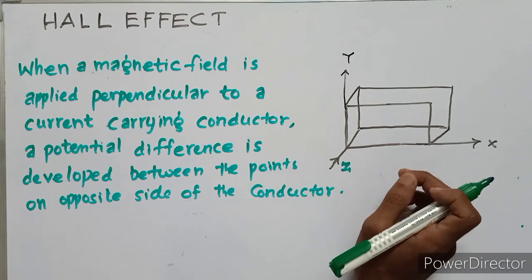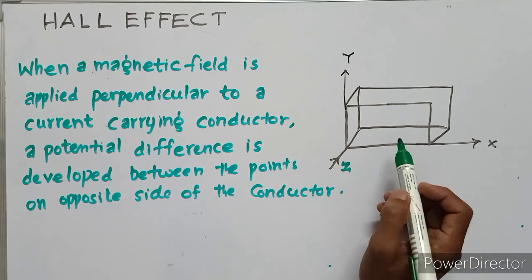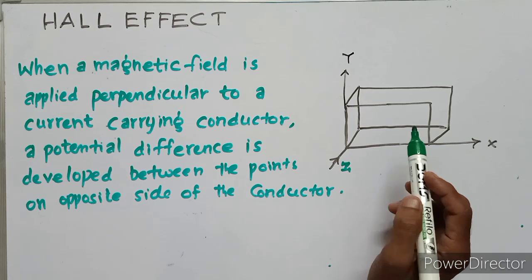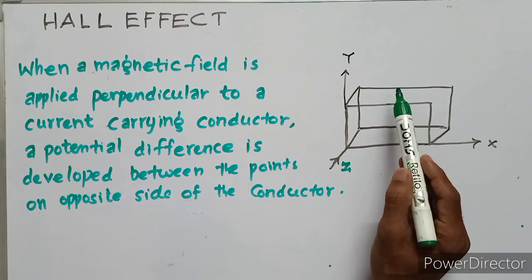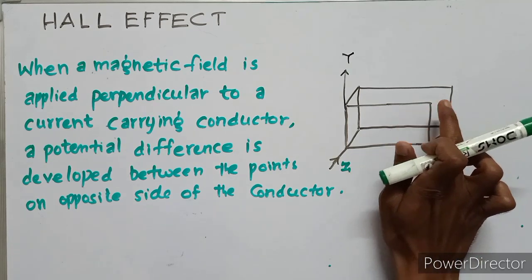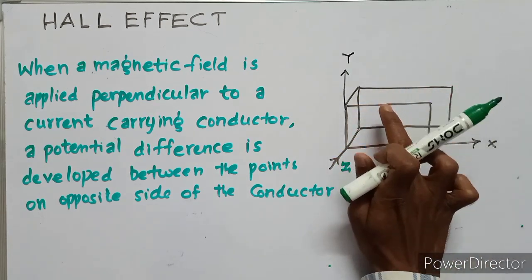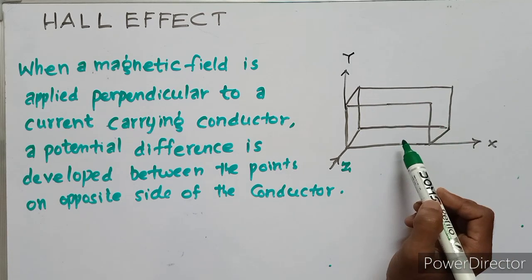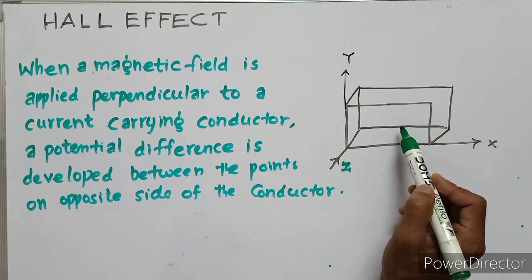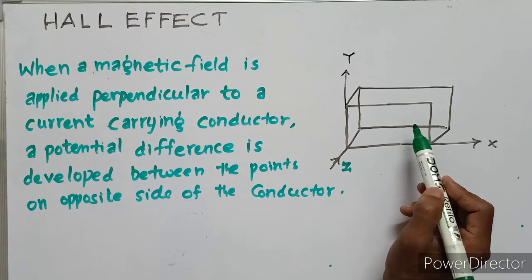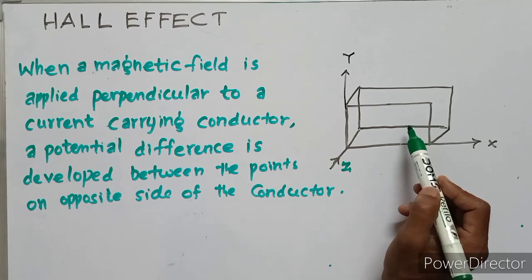The Hall effect is the production of a voltage difference across an electrical conductor, that transfers an electric current in the conductor.